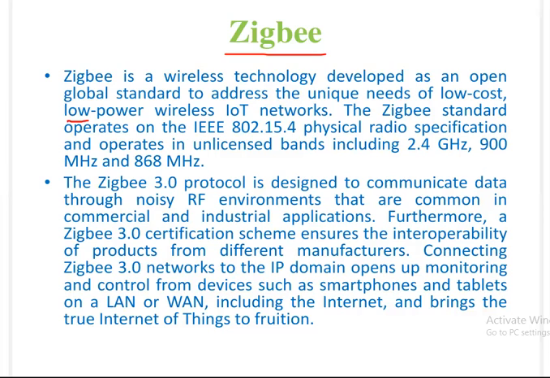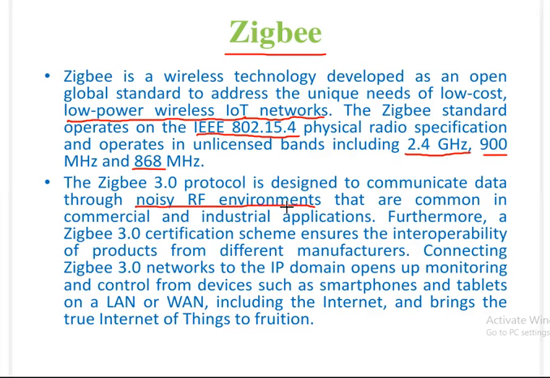So the Zigbee protocol is developed for small devices with low power, and these small devices may be part of the IoT network, Internet of Things. The Zigbee standard operates on the IEEE standard 802.15.4, on the unlicensed frequency bands, that is 2.4 gigahertz, 900 megahertz or 868 megahertz.